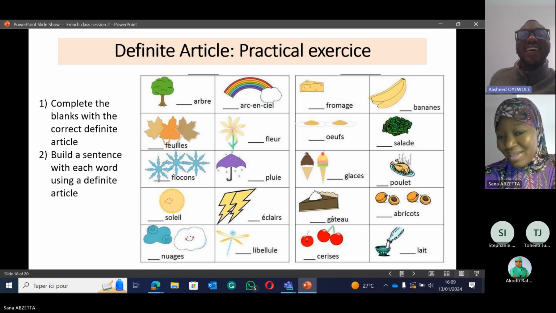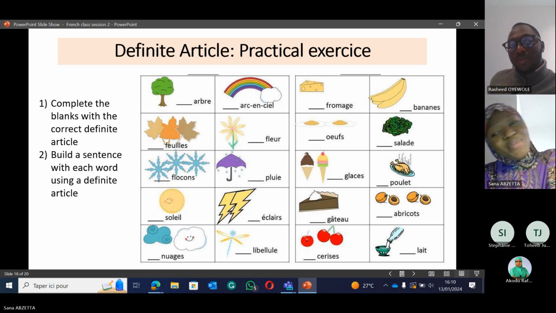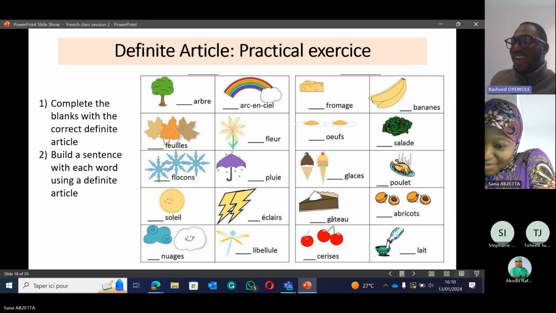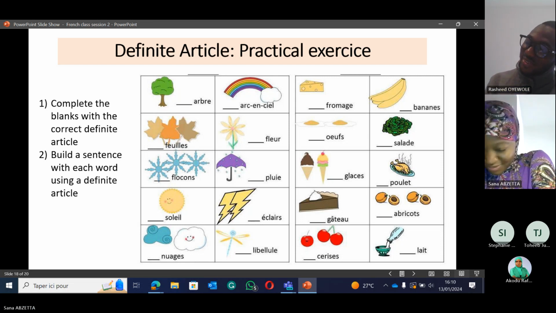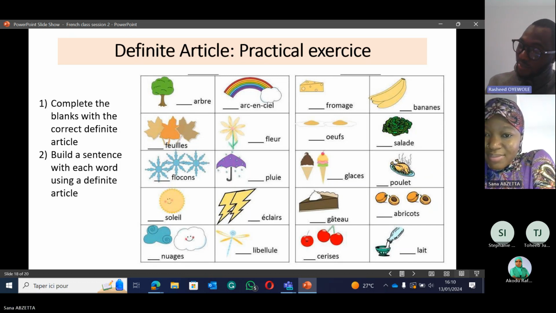Les éclairs. Le gâteau. L'abricot. Plural. Les abricots. But we don't read the T, les abricots.